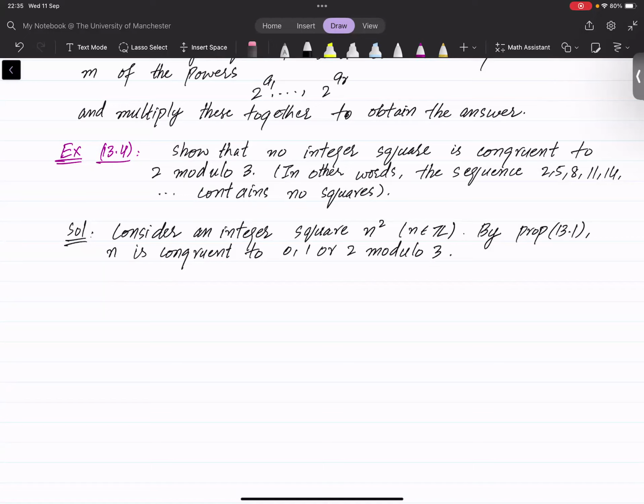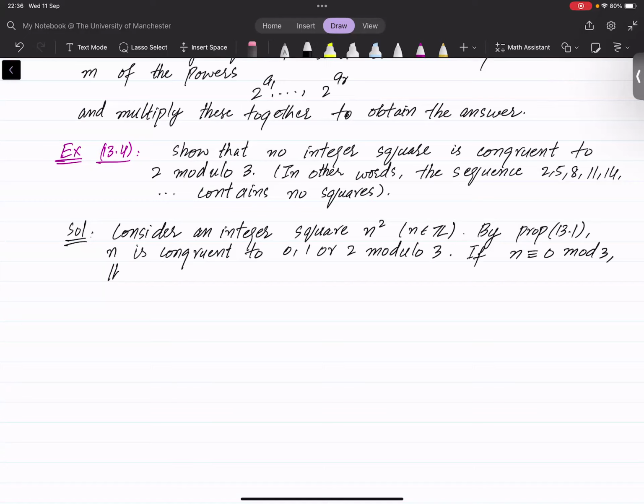Okay. Now, if n is congruent to 0 mod 3, then by proposition 13.4, we can say that n square is congruent to 0 mod 3.